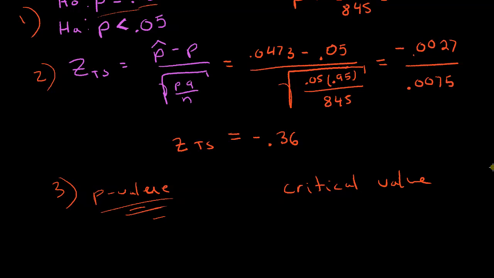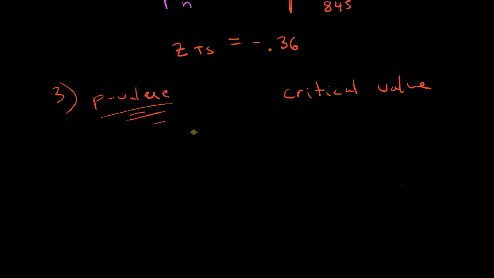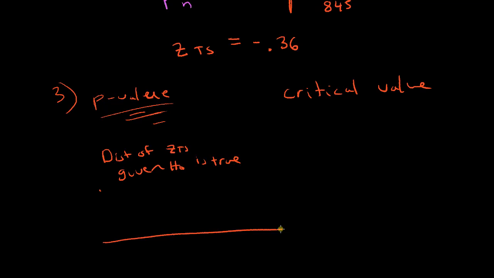All right, so starting with the p-value, let's consider our distribution of the test statistic given H0 is true. Centered on 0. Okay, here is our test statistic, negative 0.36. It's to the left of 0 because it's negative.